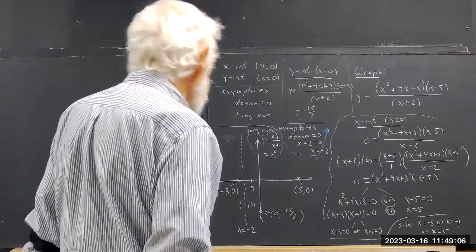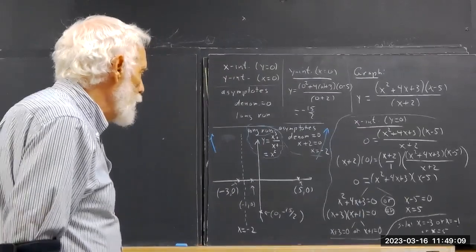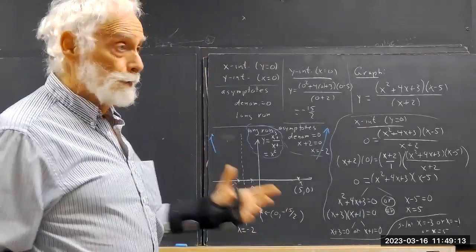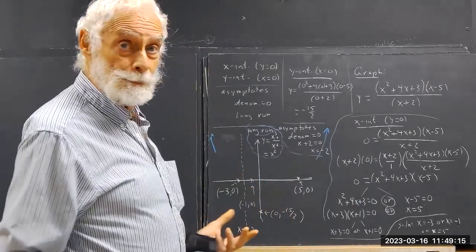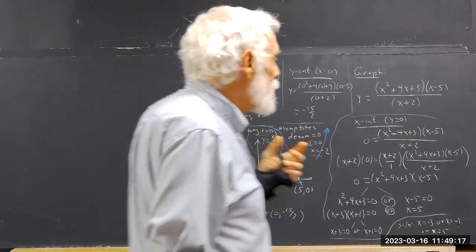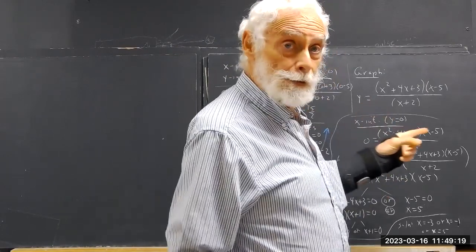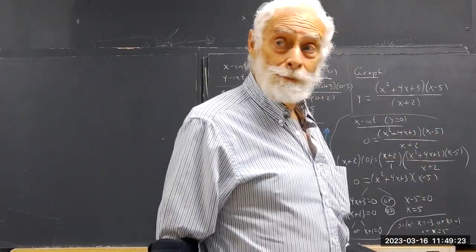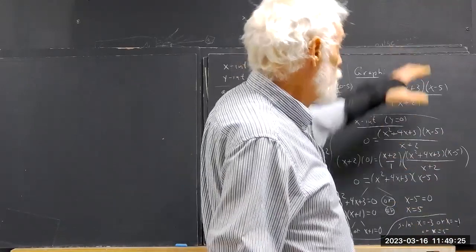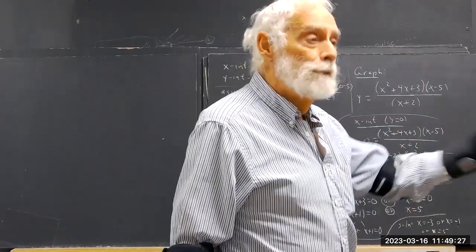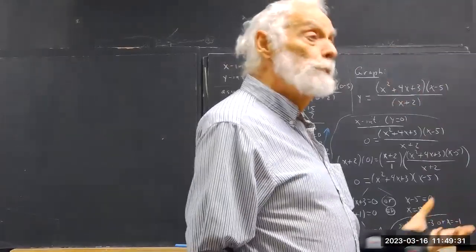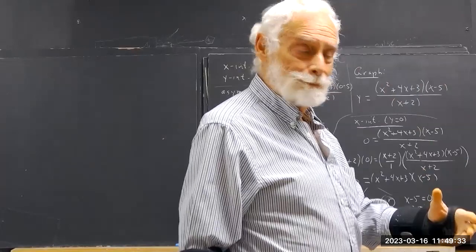Well, now I know that the graph is going to come down from high values here, essentially just the x squared values. If you put in x equals 100 into this, 100 cubed over 100 is going to be 1,000,000. I'm sorry, x cubed is going to be 1,000,000. X is 100.